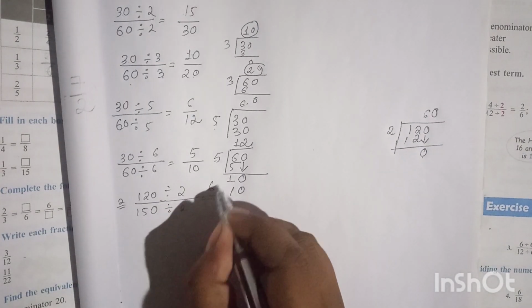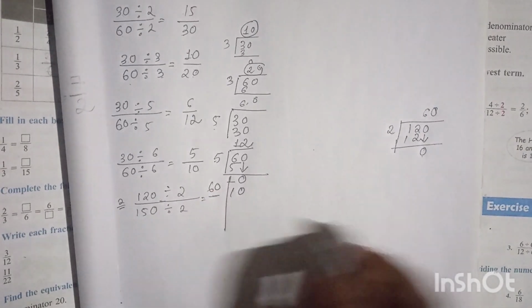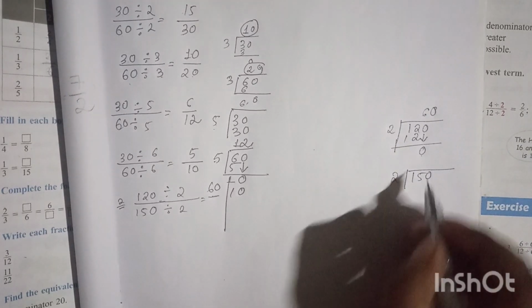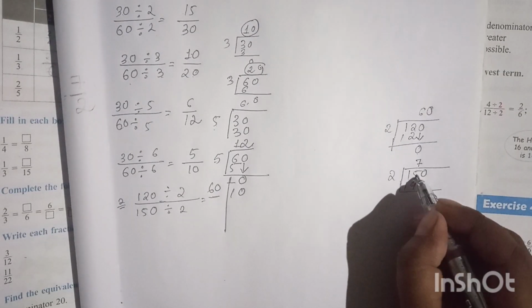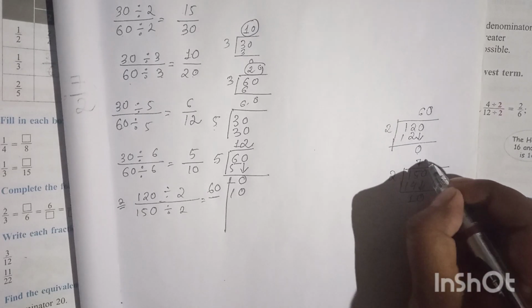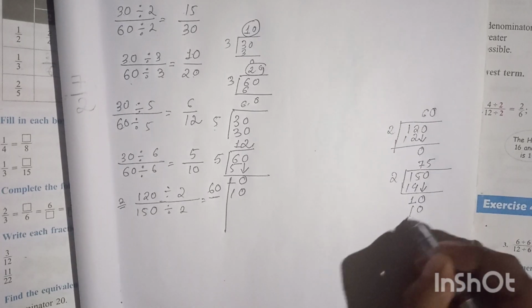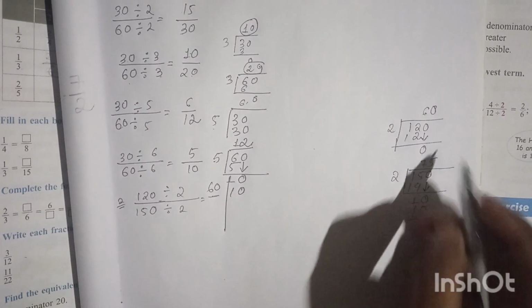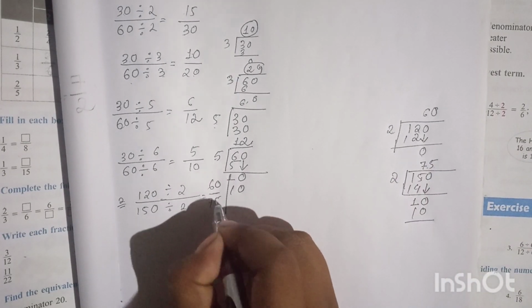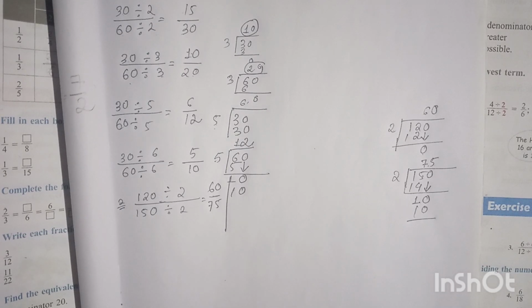So here 60. Alright. Then 150. 2 7s are 14. Carry 1. This 0 will come down. 5 2s are 10. Right? So the answer is 75. So this is 60 by 75.